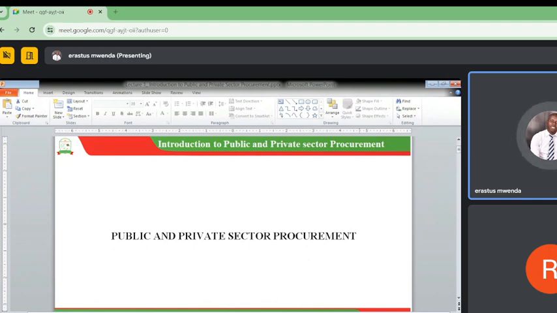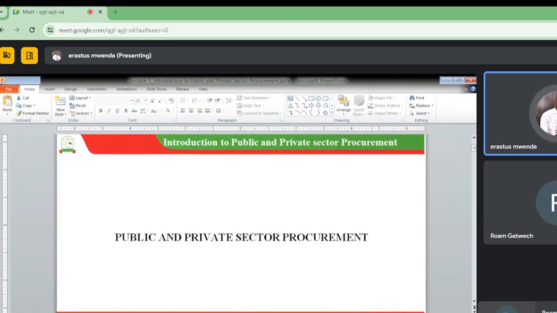We are saying this particular sector, the public sector, is governed by public procurement rules. And in most countries, there is a law that governs procurement of goods, just like I've stated about that particular law. So find out in your country whether you have a public procurement and disposal law that governs how these things are done.